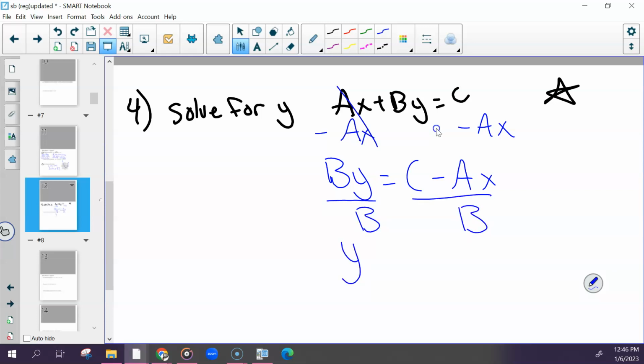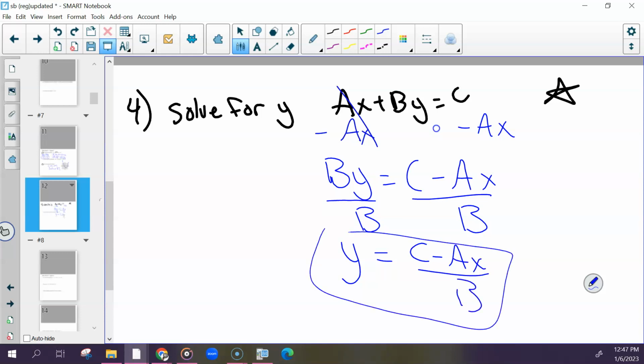Since nothing would simplify with the b, you could just divide it all at the same time. So y equals c minus ax, all over b. And that would be your final answer. Questions?